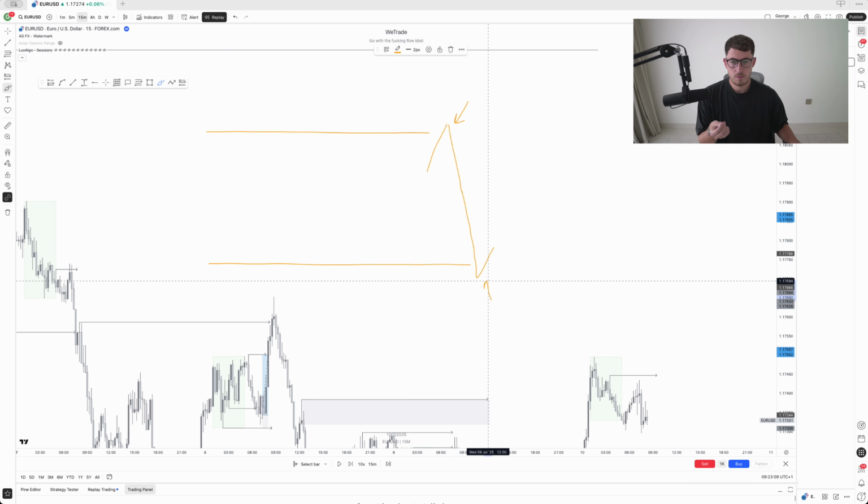Now, the big problem that most people have when it comes to trading liquidity is they end up being part of that exit liquidity, right? They end up being the guys that get in on this move here and expect this move to happen, but it doesn't. They're anticipating that this exit liquidity move is going to happen the same as this entry liquidity move.